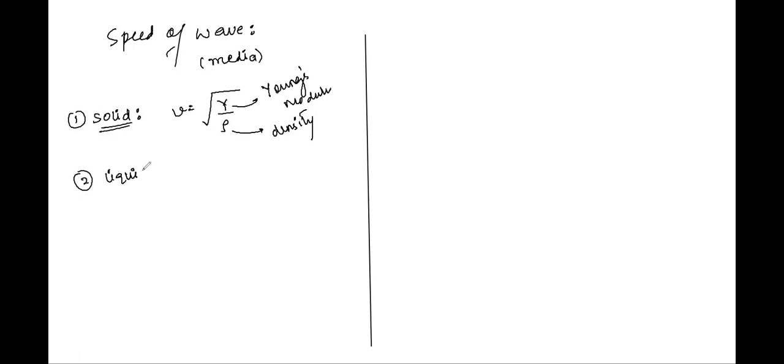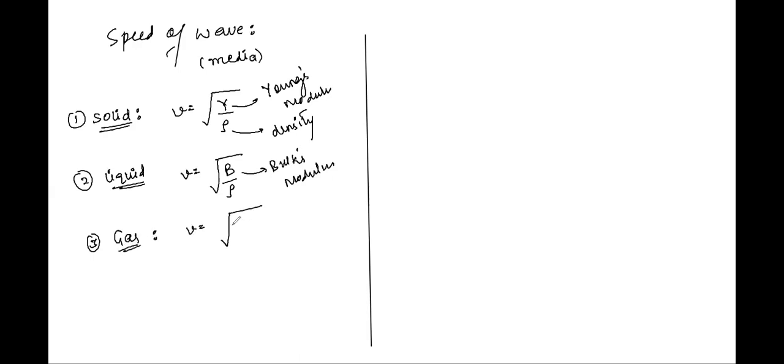And in liquids, V equals under root B by rho, where B is the bulk modulus of that liquid and rho is density. What next did we read? And in gases, the velocity is given by two formulas, Newton's formula and Laplace formula.